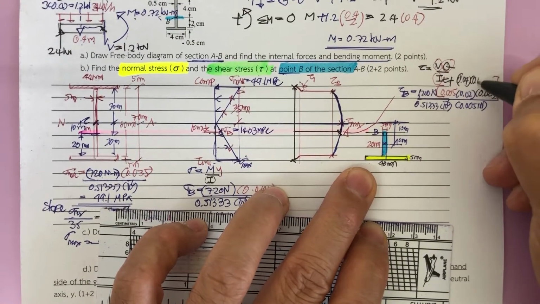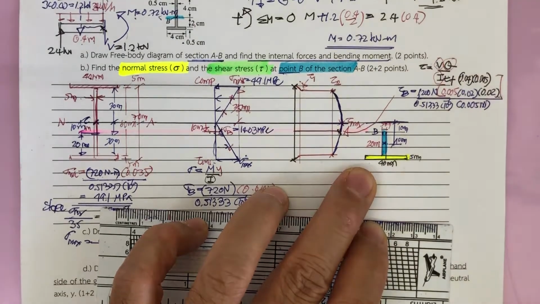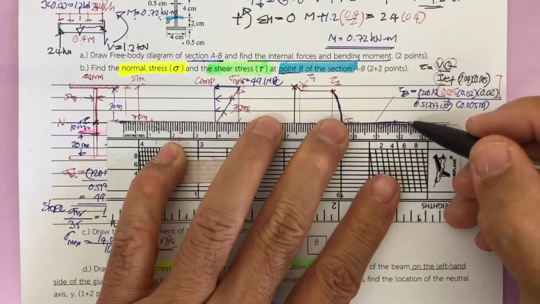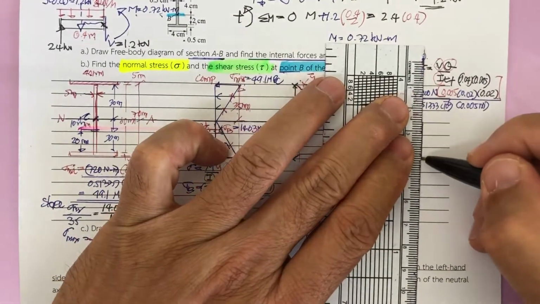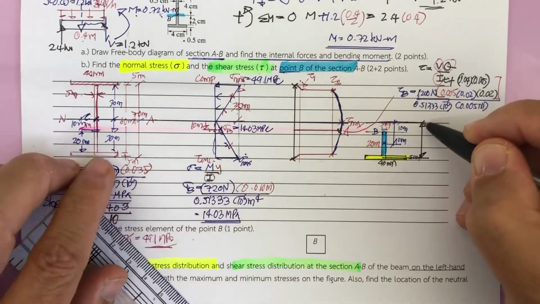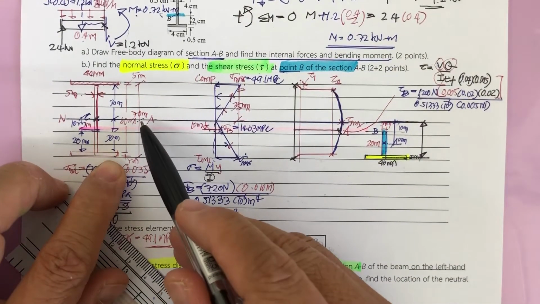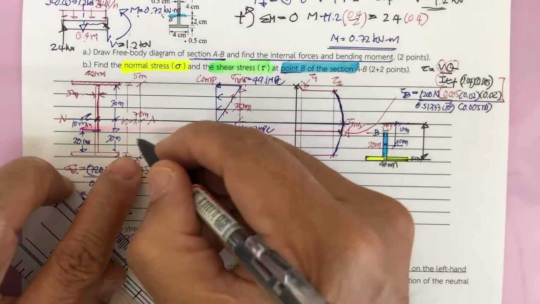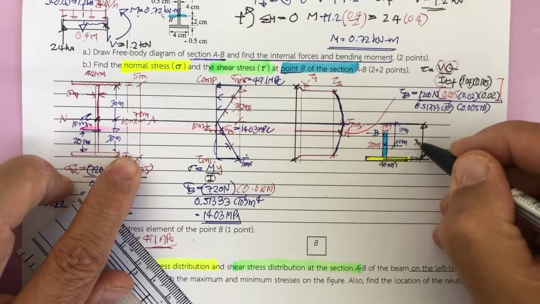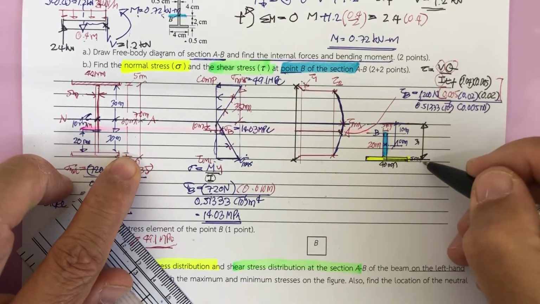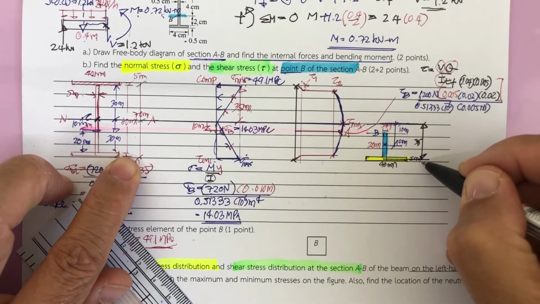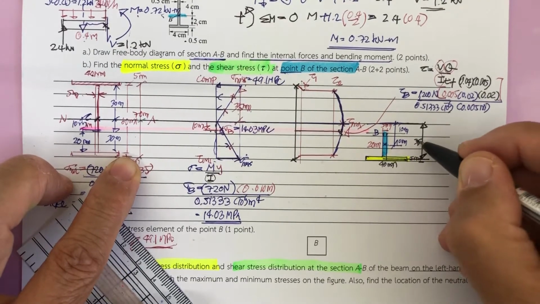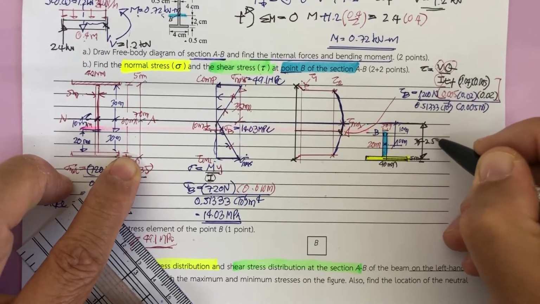And then 0.005. And then the distance here measured to the neutral axis is going to be the moment arm of this. Half of this, from this to this, is 30 plus 5, which is going to be 35. And then you got to minus half of the thickness, so minus 2.5.